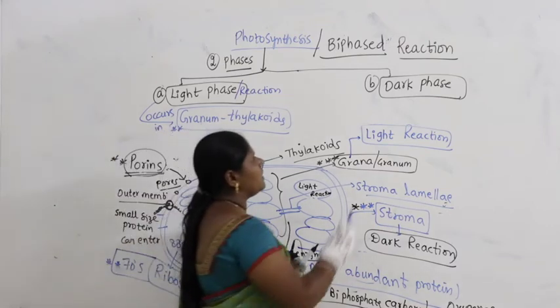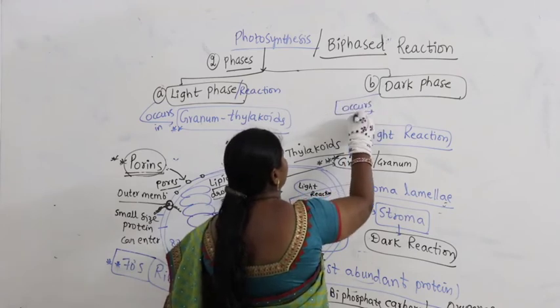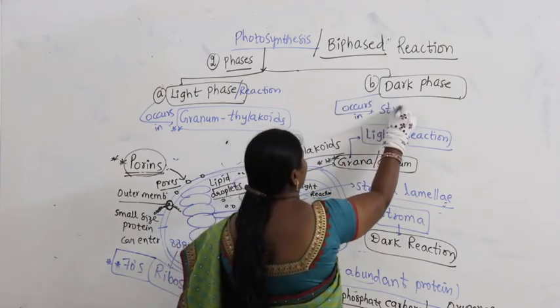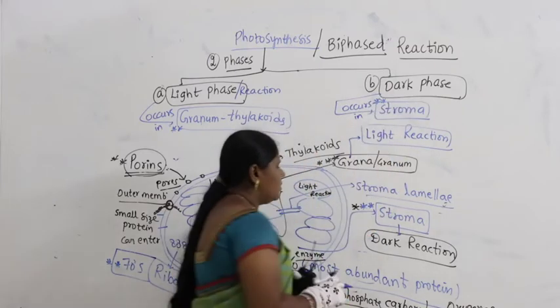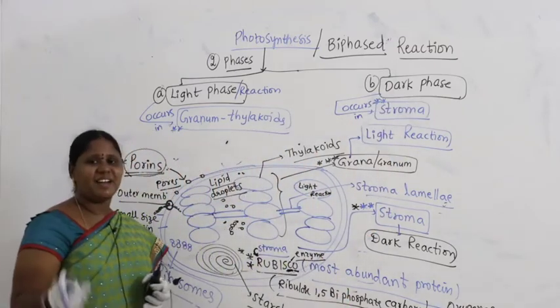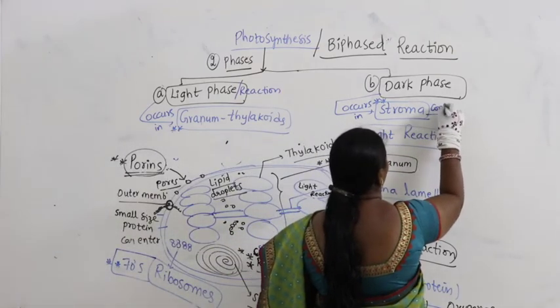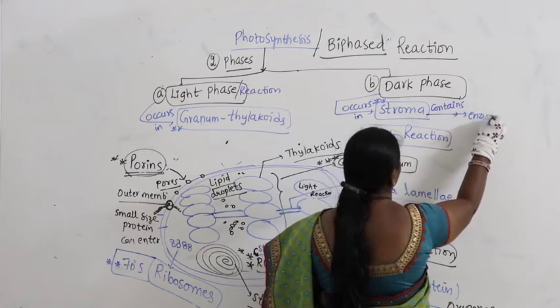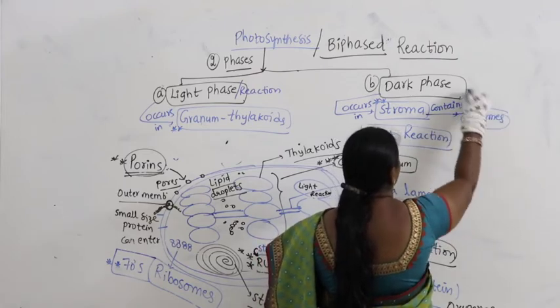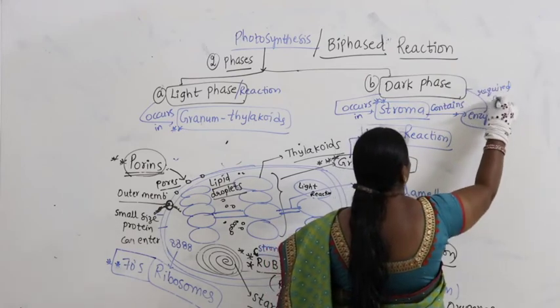Now, coming to the dark phase. Where does the dark phase occur? The dark phase occurs in the stroma. The stroma contains enzymes which are required for the dark phase.